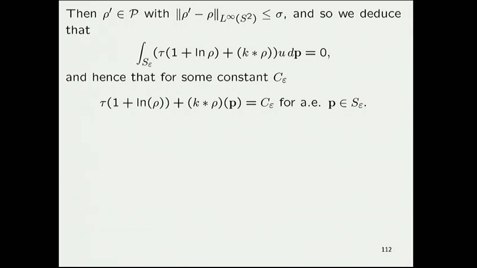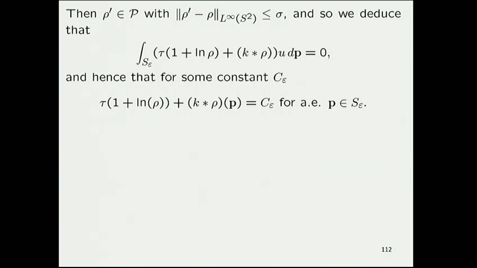So you get that the integral over S epsilon of tau into 1 plus log rho plus k star rho times u dp is 0. But u is anything whose integral over S epsilon is 0. So that means that this expression is, in S epsilon, some constant that may depend on epsilon.